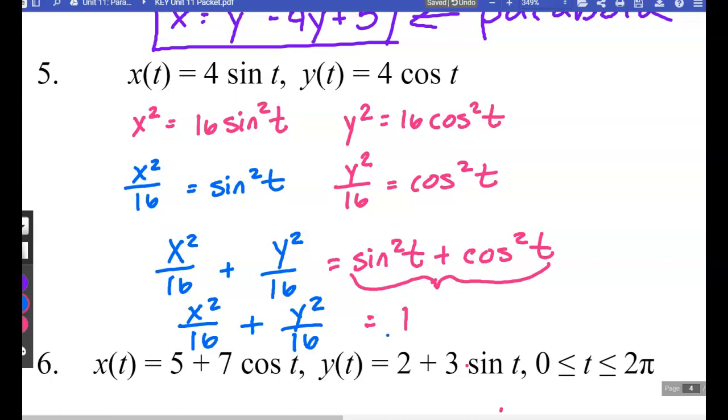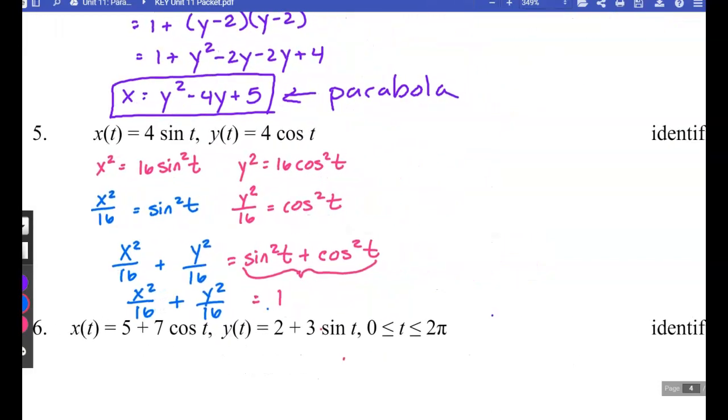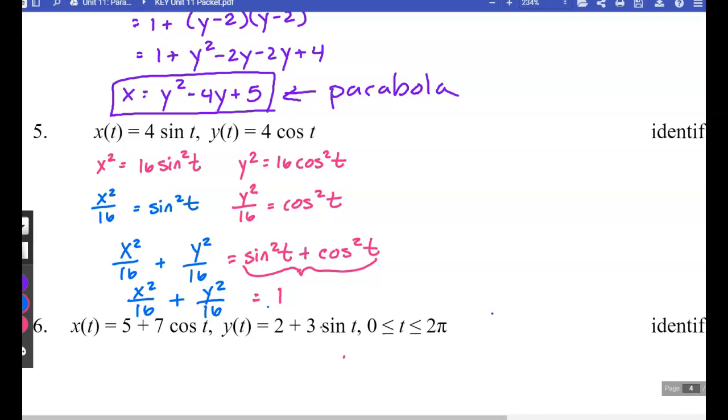What type of equation is this? It's a circle, guys. It's a circle because you have the same coefficient.